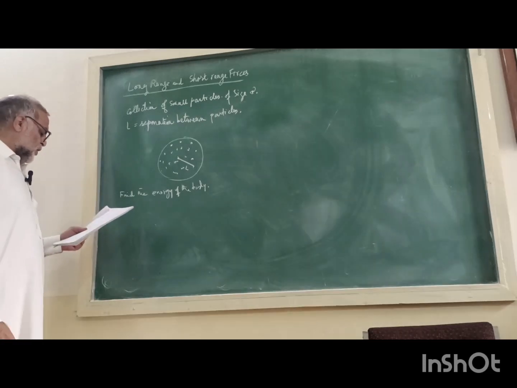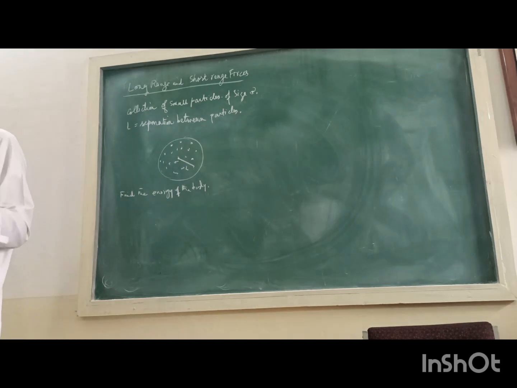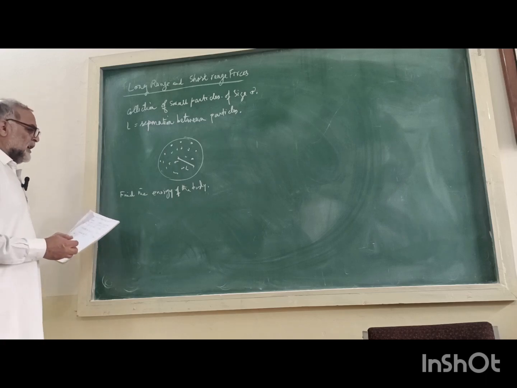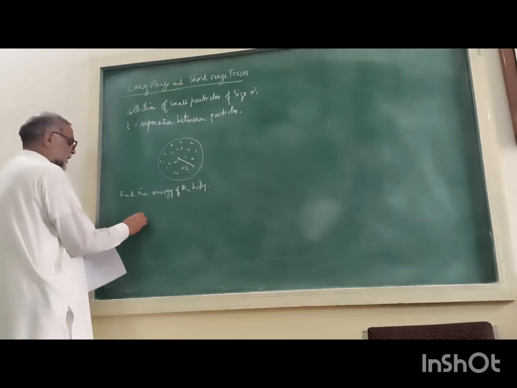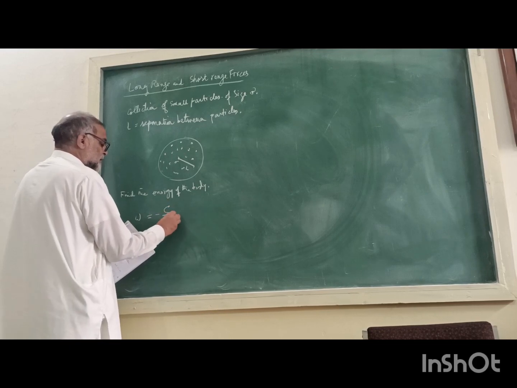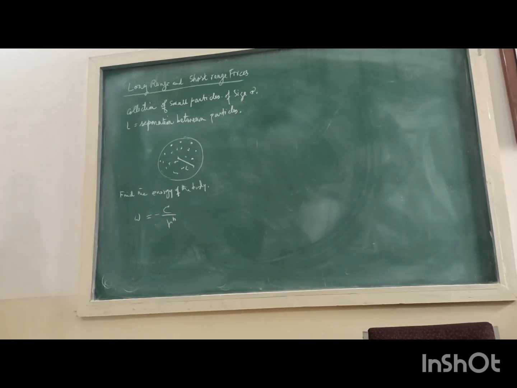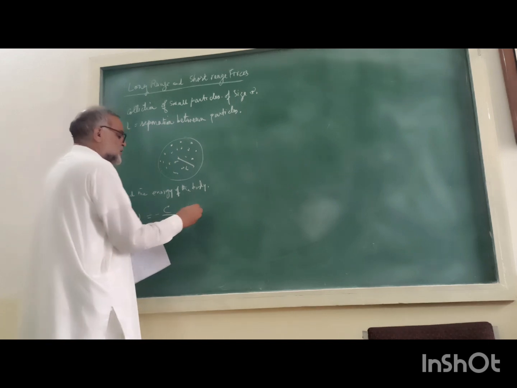Since this system is in the form of a bunch, we will consider that the forces between them are attractive. So let the energy between these particles obey an inverse power law, of the form minus C over r to the power n. That is a very general form.